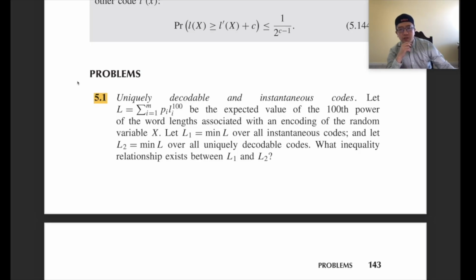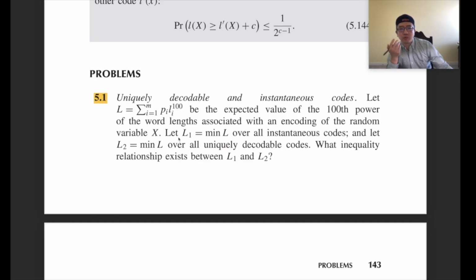In this question, it's about uniquely decodable codes and prefix codes. We have a quantity here, which is the expected value of the 100th power of the codeword length associated with the encoding of random variable x.